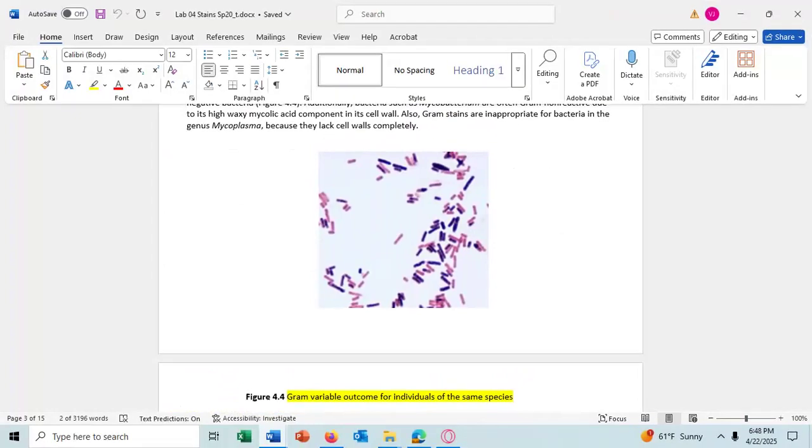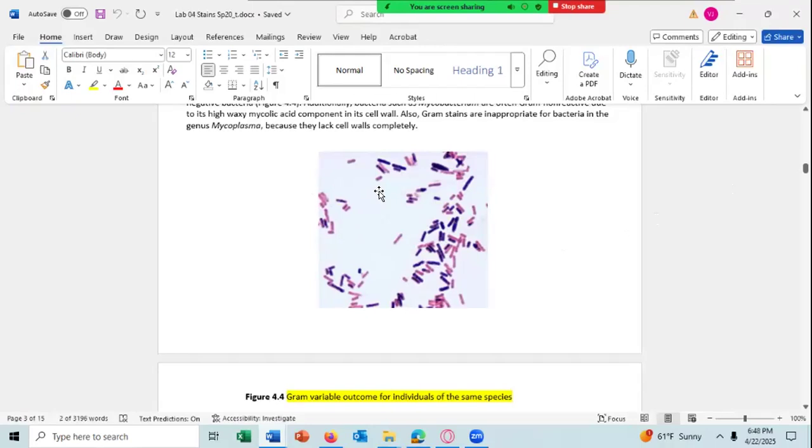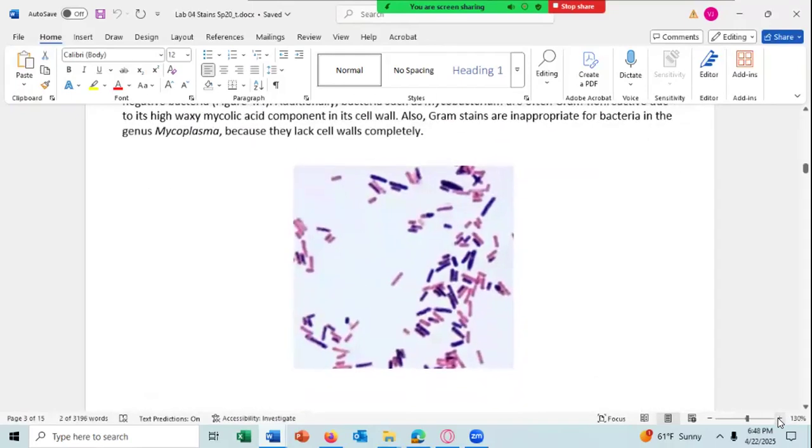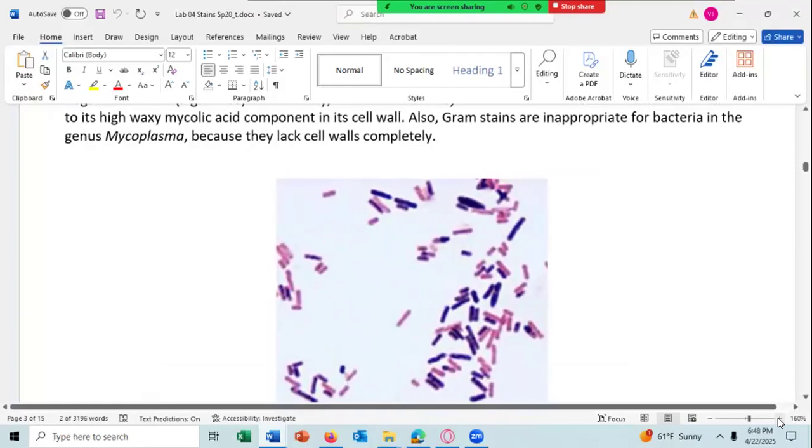They do take it up, and if the gram stain is done correctly, they will appear gram positive. If it's done incorrectly, they will appear gram variable. And what is done incorrectly here is probably that the cells are too old to do the gram stain appropriately. You should be using cells that are only 2 days old or younger.